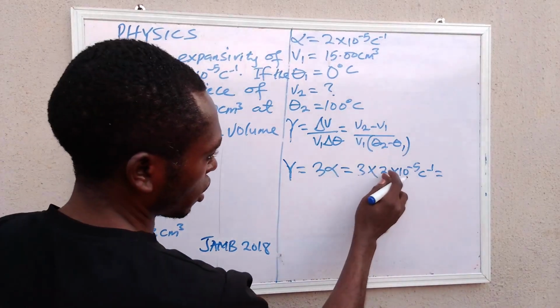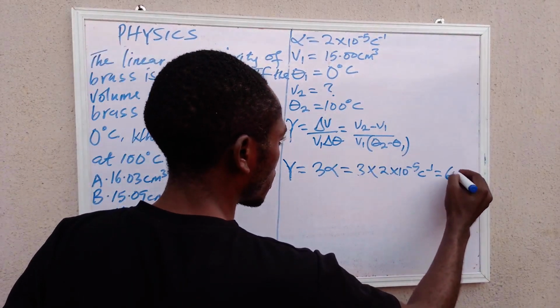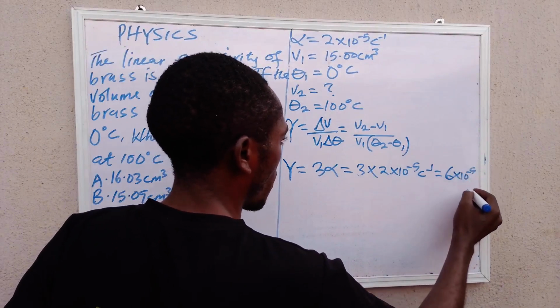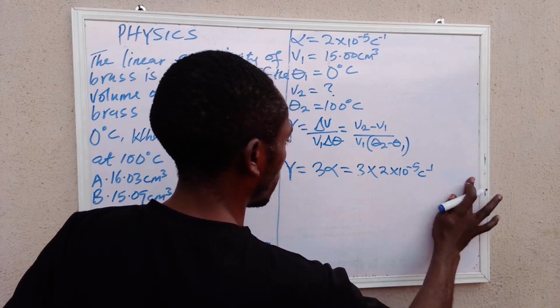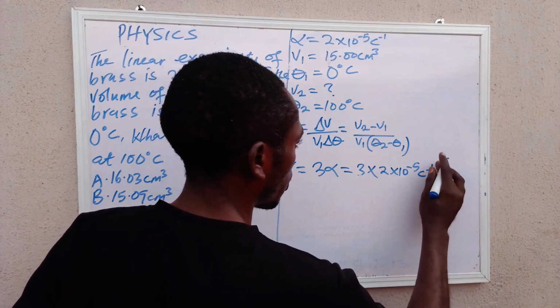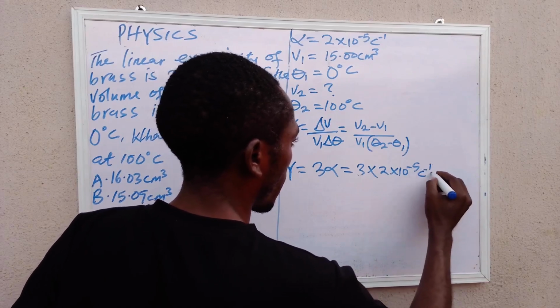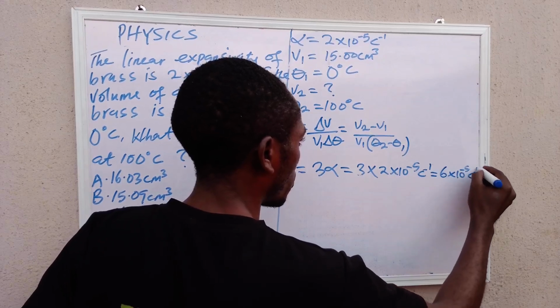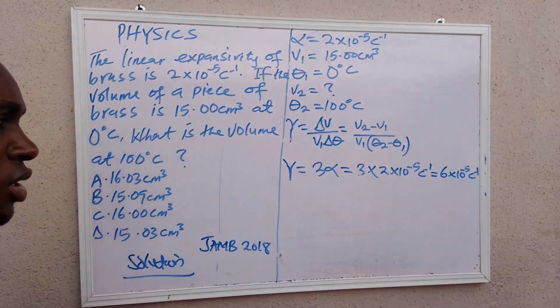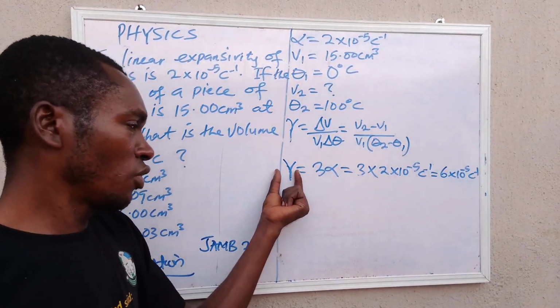You don't need to waste your time, just say 3 times 2, which is 6 times 10 to the power minus 5. Let me write it here. This is going to be equals to 6 times 10 to the power minus 5 per Kelvin. So now you have your volume expansivity.